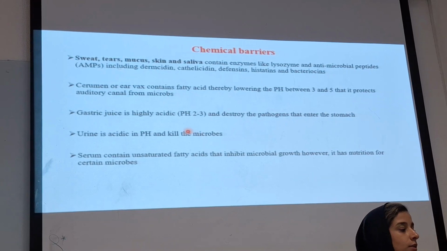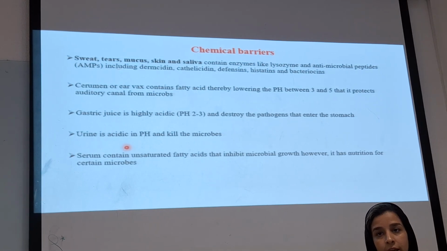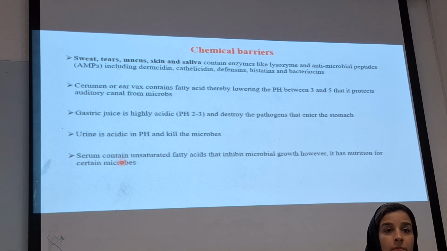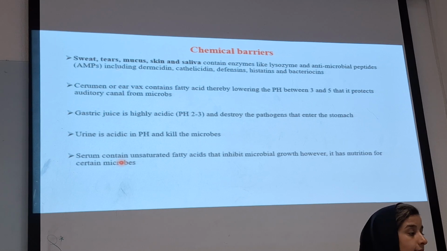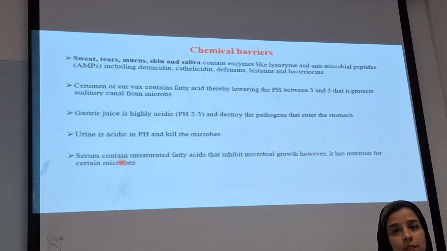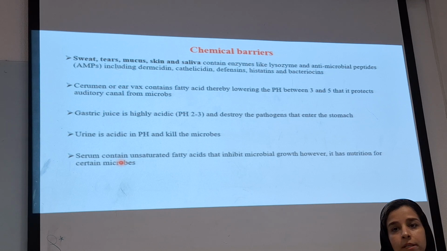And another barrier is urine, which is acidic, and because of the low pH it can kill pathogens. And the other fluid in our body is serum. Serum is saturated with a lot of nutrients, and interestingly, these nutrients are necessary for our body and are also used by many pathogens.